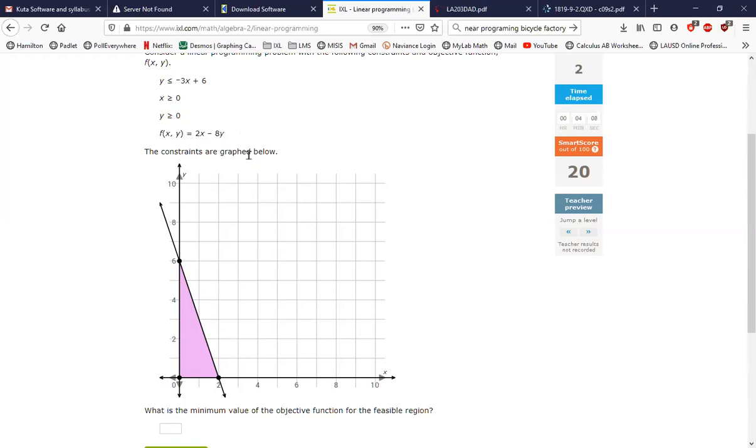Okay, without actually plugging anything in, can you guys think about which of these points, (0, 0), (0, 6), and (2, 0), would give me my smallest value? Look at the +2x and the -8y. We're trying to find the smallest value possible. So in the chat, if you can tell me which point works: (0, 6), (0, 0), or (2, 0).